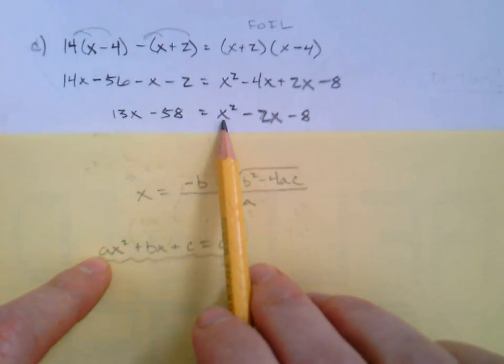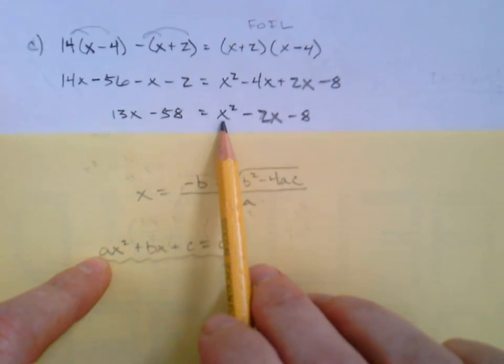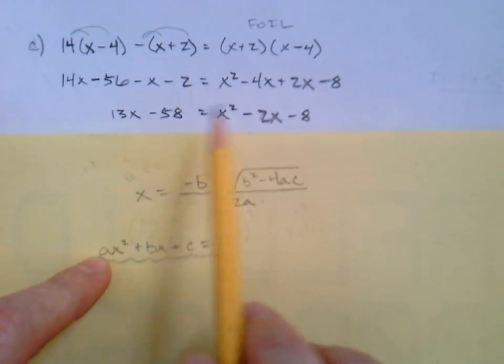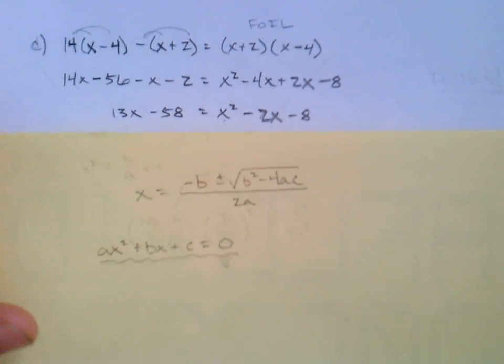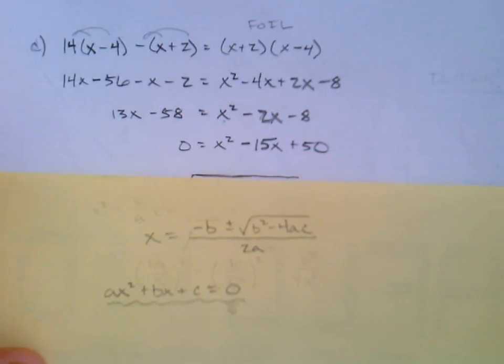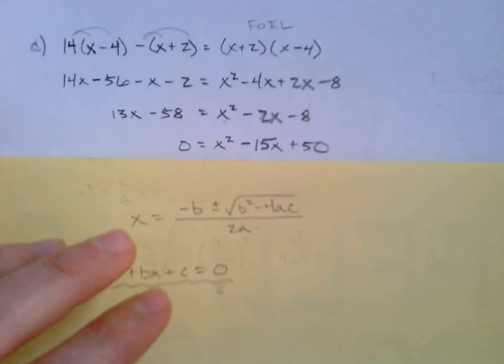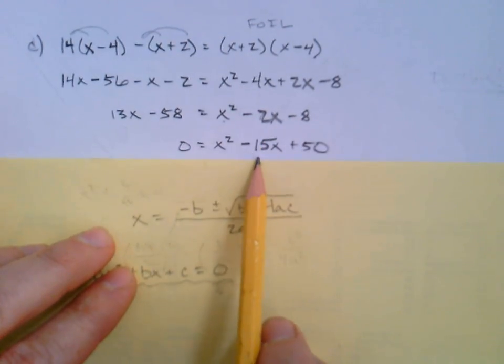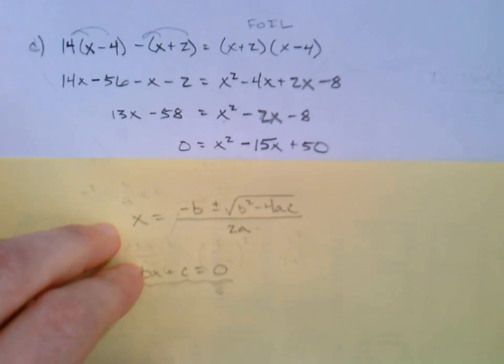So I'm going to keep this one here. That's my motivation. I like that to be positive. And I'm going to subtract 13x, and I'm going to add 58. So subtracting 13x gives me negative 15x, and adding 58 gives me plus 50.